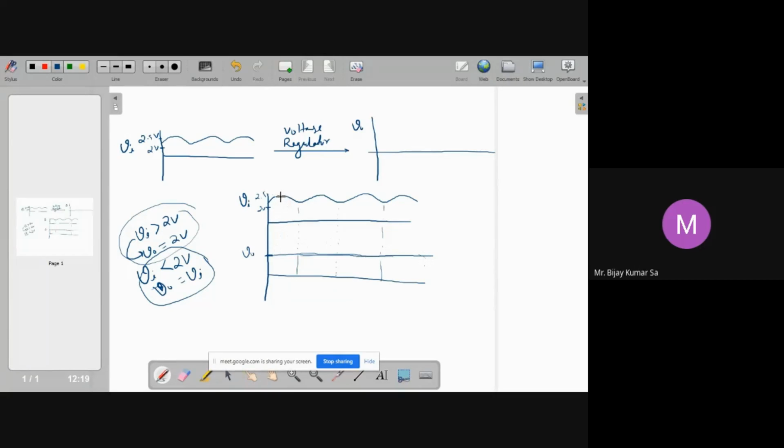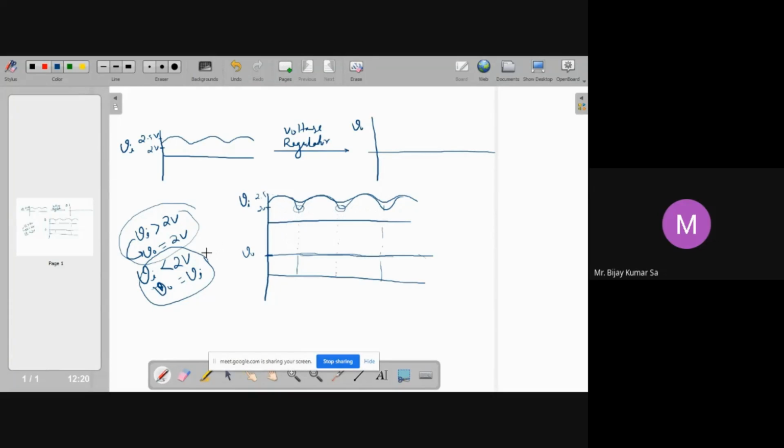In case this signal would have been coming down, if it had been like this, in that case the voltage regulator would have produced a signal which dips down at these points.